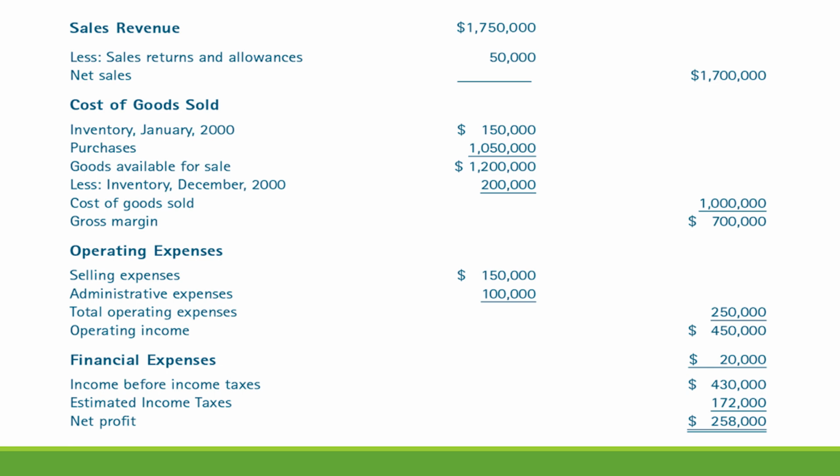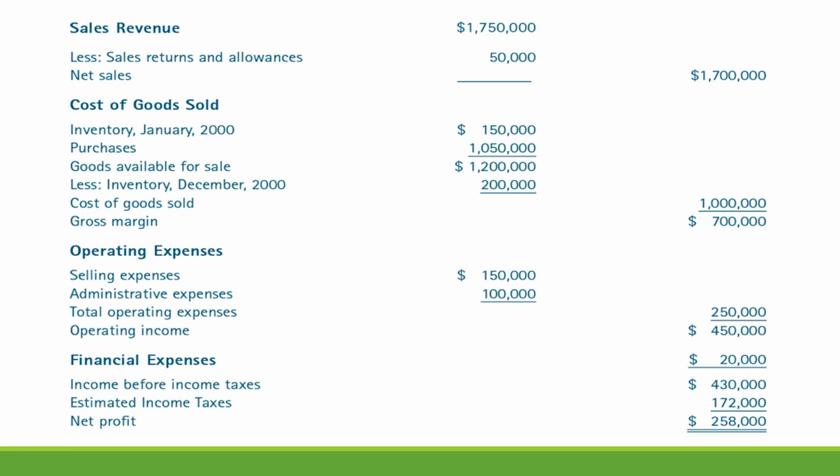As we see in our example of the income statement, sales revenue is represented, but it is subtracted by sales returns and allowances. This deduction is an offset for merchandise that is returned or discounts that customers have taken.